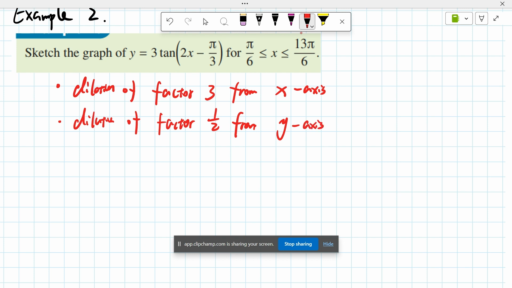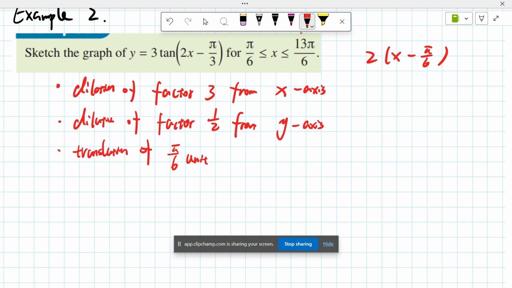And a translation of pi on 6 units. It's pi on 6 because of 2x minus pi on 3.